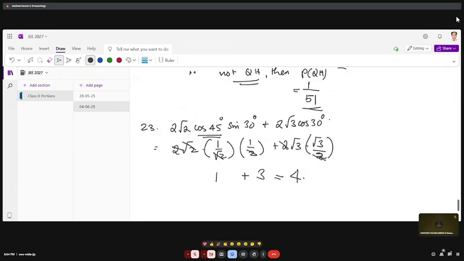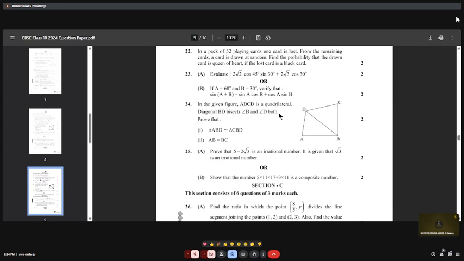Now let's look at the next problem. If A equal to 60 degree and B equal to 30 degree, verify that sin (A plus B) equal to sin A cos B plus cos A sin B. A equal to 60 degree and B equal to 30 degree.